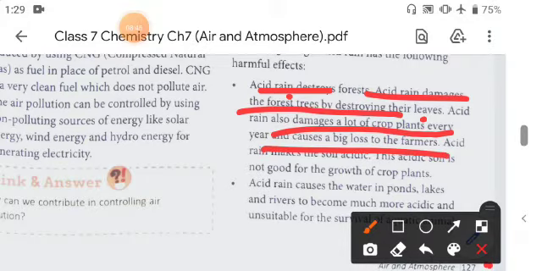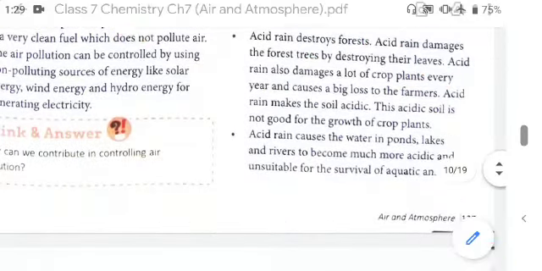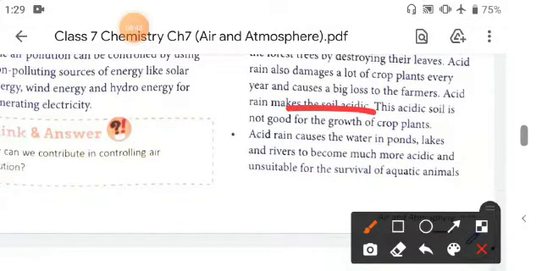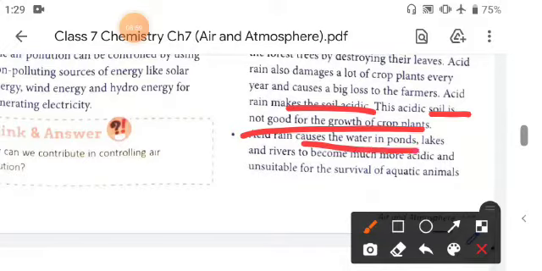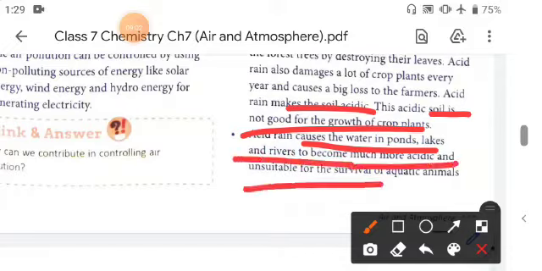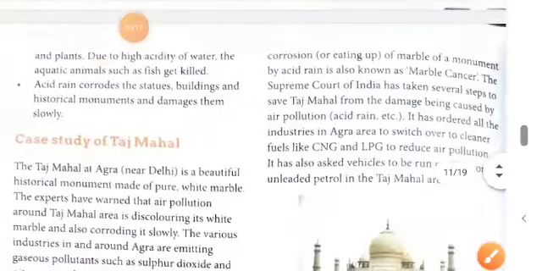This rain makes the soil acidic because it increases the acidity there, and this acidic soil is not good for the growth of plants. And this acid rain also causes the water in ponds, lakes, and rivers to become more and more acidic and unsuitable for the survival of the aquatic animals.